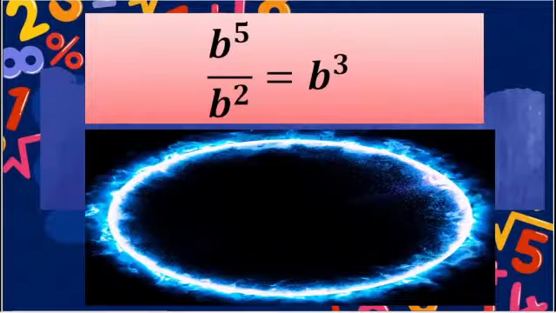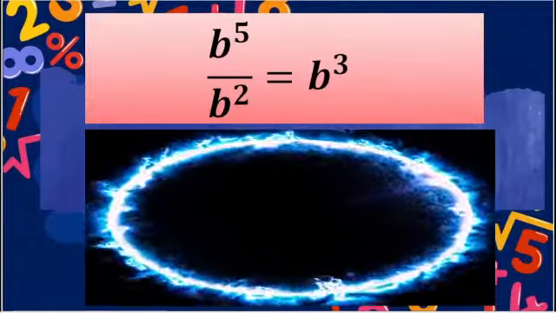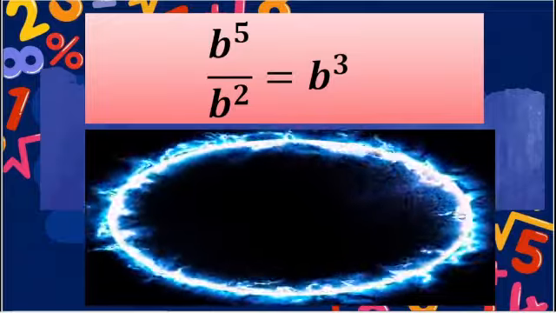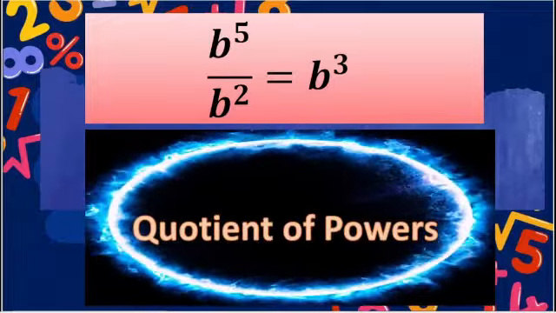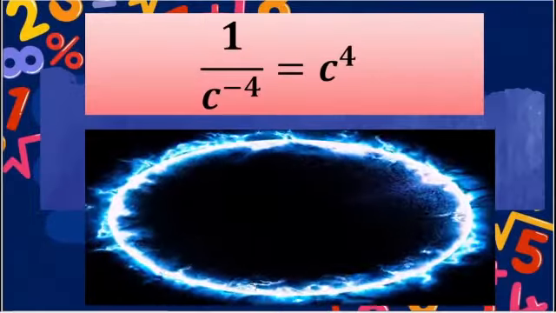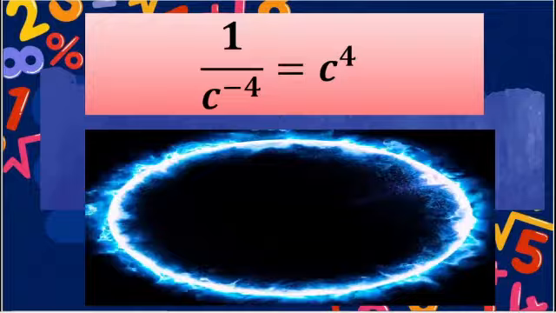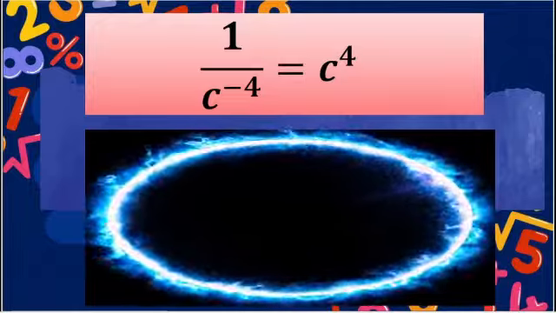Next. B to the 5th over B squared equal to B cube. If your answer is quotient of powers, you are correct. Next. 1 over c raised to negative 4 equal to c to the 4th. So, kinuha natin yung reciprocal dyan.